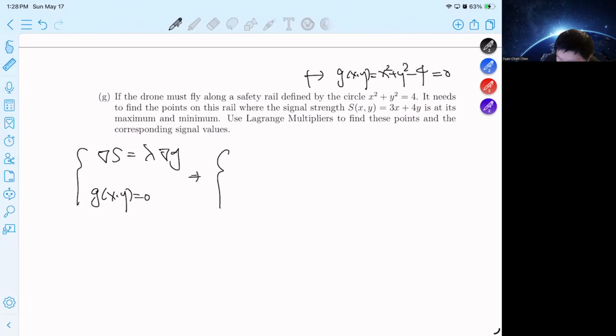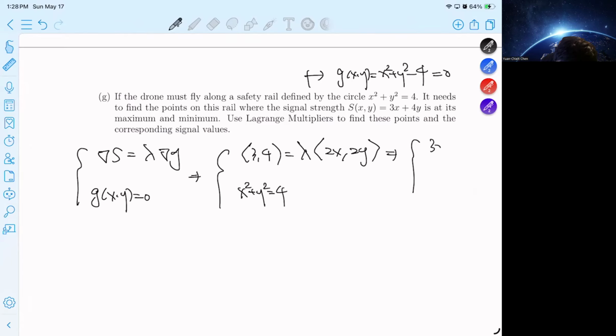So the gradient of s is (3, 4), and lambda times the gradient of g is lambda (2x, 2y). And g equals 0 is just x squared plus y squared equals 4. From the first one, we have 3 equals 2 lambda x, and 4 equals 2 lambda y.